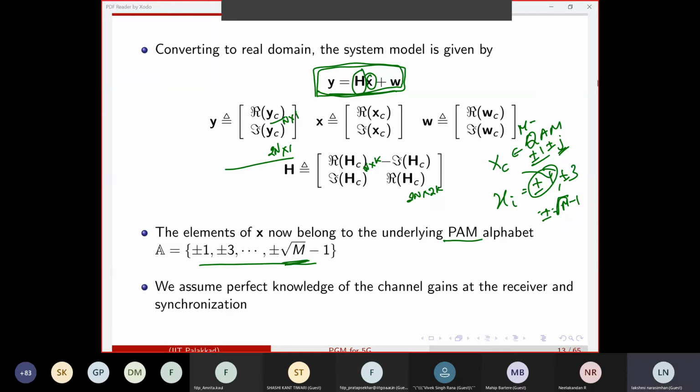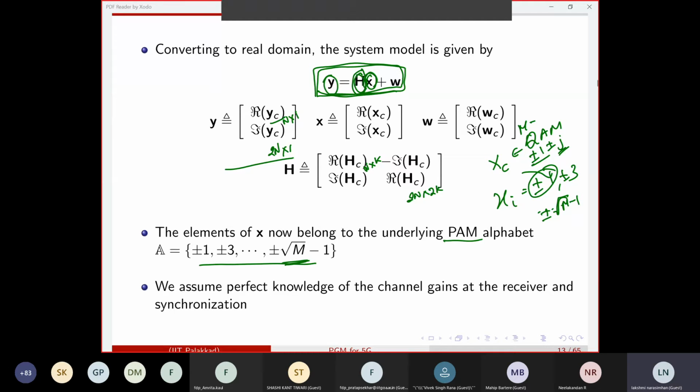Now let's say we have the knowledge of this H matrix at the receiver, at the base station. Somehow, through channel estimation, we know the H matrix. And now we have received Y. From that, we have to identify what this X is.